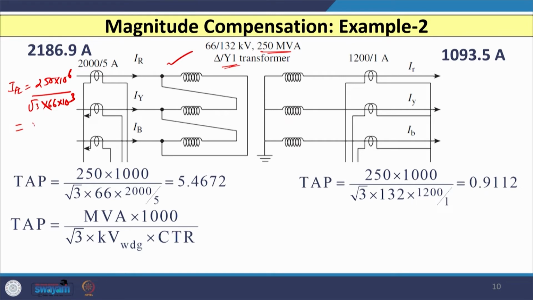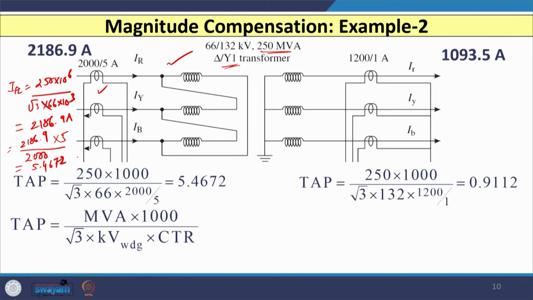So, you will have the value 2186.9 ampere, and if you again transform this current to the secondary side of this CT, then you will have 2186.9 ampere divided by the CT ratio, that is 2000 divided by 5.